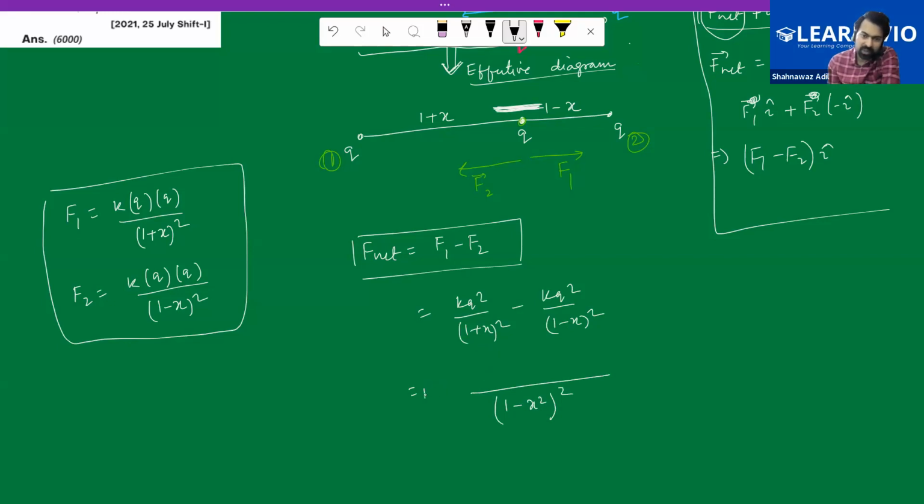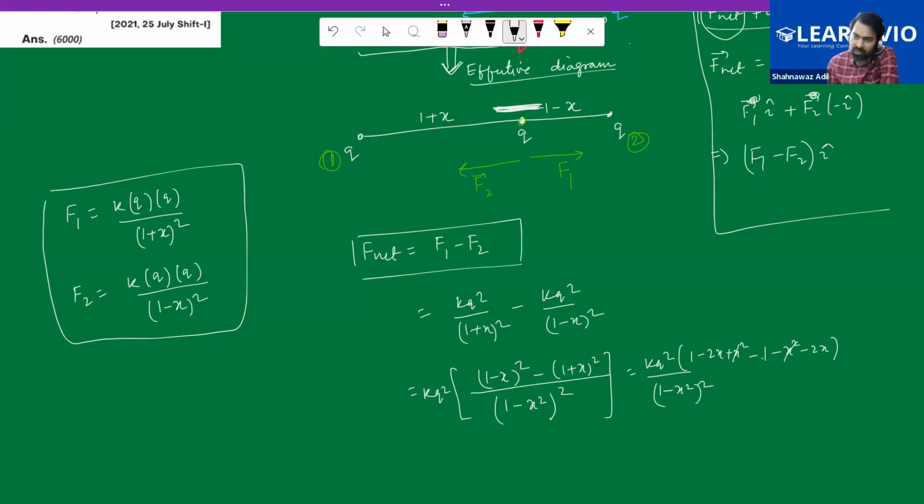Now KQ square is common, we can take it outside. 1 minus X square is here, and then this is minus of 1 plus X whole square, right? So this is KQ square by 1 minus X square whole square. And then this is 1 minus 2X plus X square and minus of 1 minus of X square and minus of 2X, right? Because this minus is there.